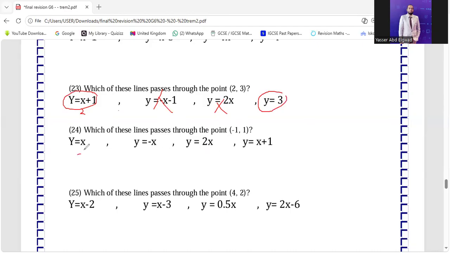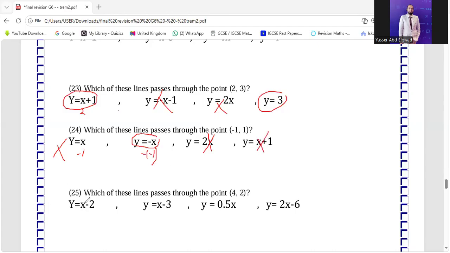If you put negative 1 in y equals x, you get negative 1, not passing. Here is y equals negative x. Put negative 1: negative multiplied by negative is positive. Yes, passing through, because we changed the sign of x. x is negative 1, we get 1. Here is 2 multiplied by 1, get 2, no. Here is negative 1 plus 1, 0, no.